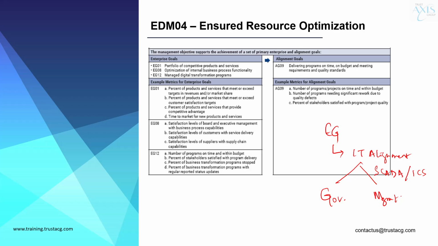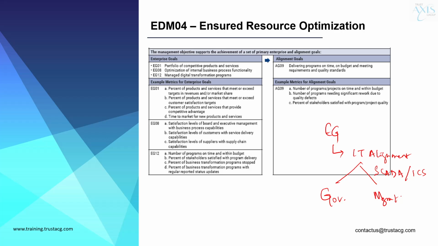The purpose of EDM04, which relates to ensured resource optimization, is to ensure that the enterprise's resources, which include people, processes, technology and information, are all used effectively as well as efficiently to achieve the objectives of the business.